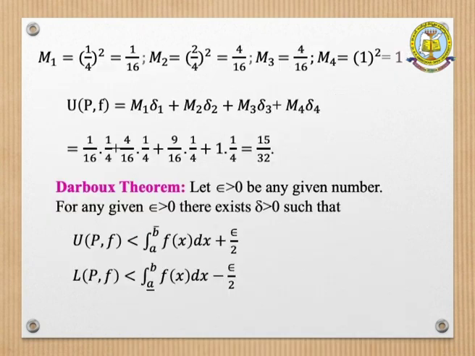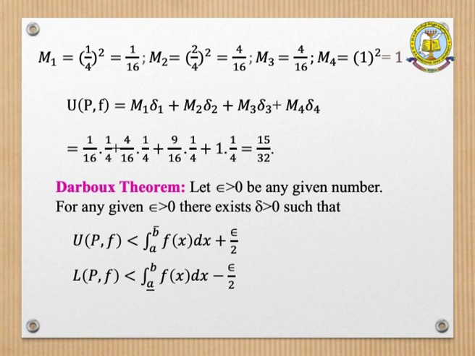Similarly, you calculate capital M1. What is capital M1? It is 1 by 4 whole square, and capital M2 is 2 by 4 whole square. That means capital M1 is the maximum value on the first interval, capital M2 is the maximum value on the second interval, and capital M3 is the maximum value on the third interval.